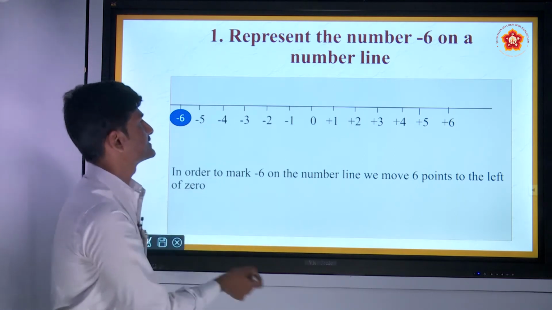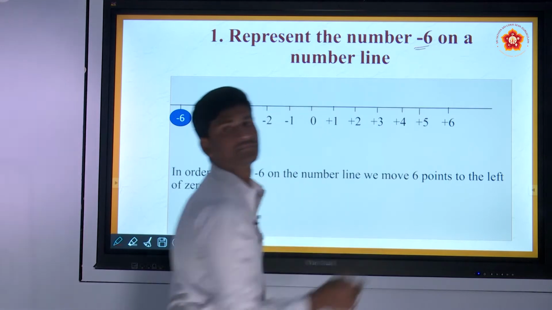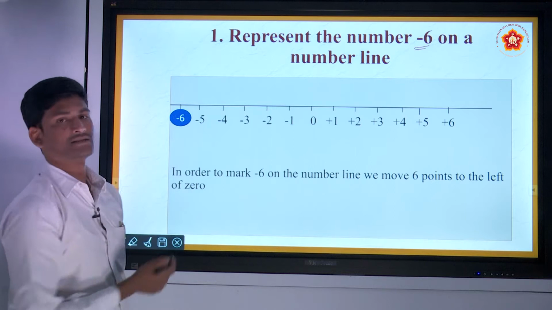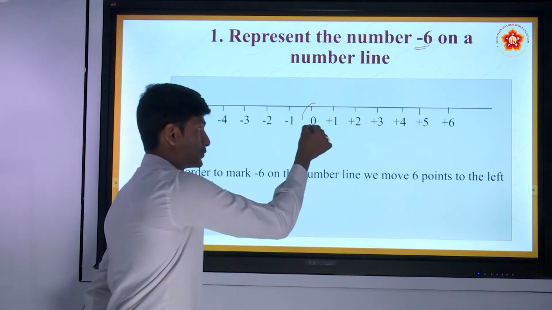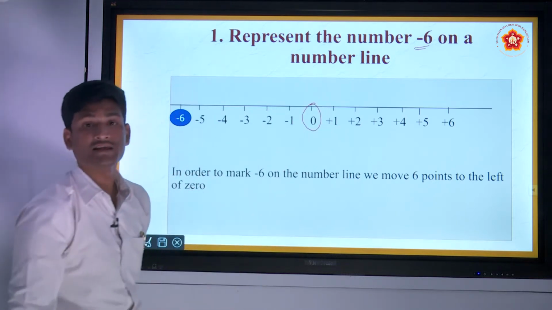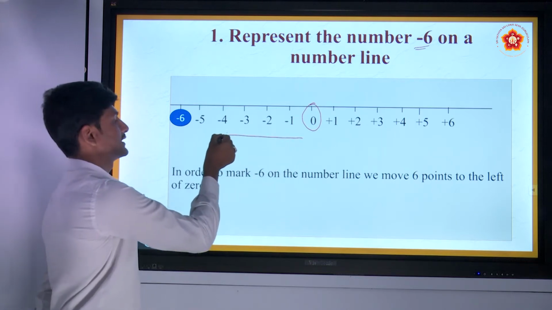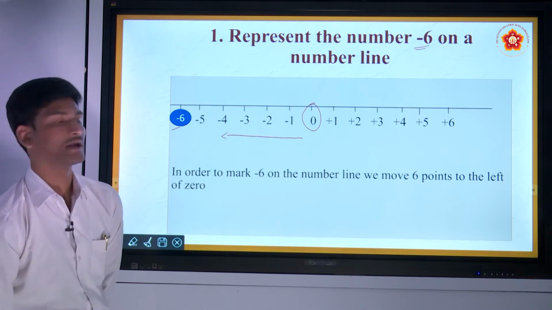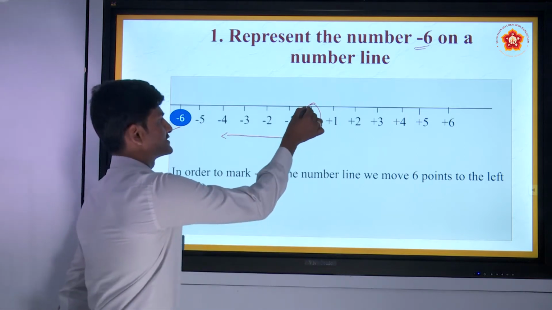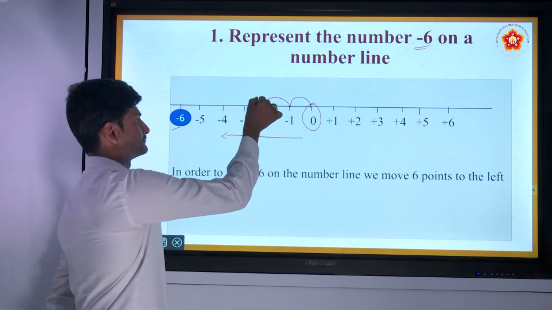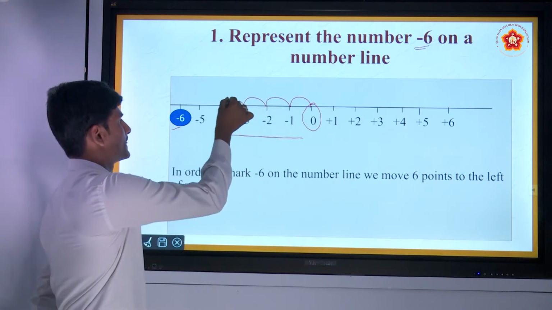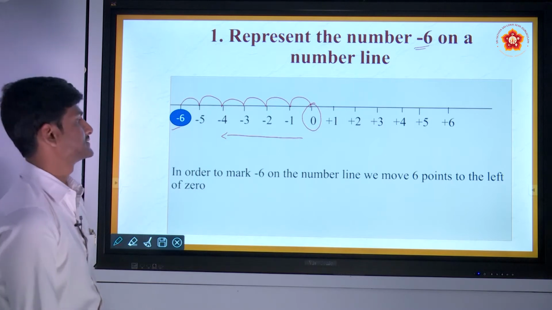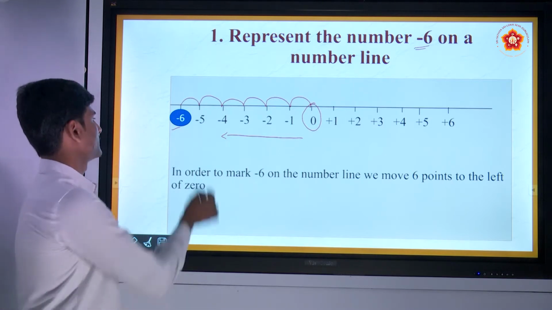Here, -6 is a negative integer, right? For -6, we start from 0 towards the left side, right? In order to mark -6 on a number line, we move 6 steps to the left of 0, right? 6 steps, -6.